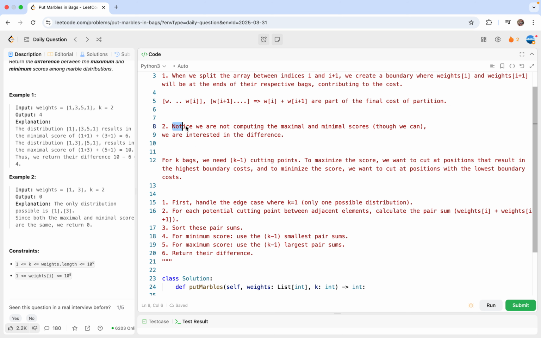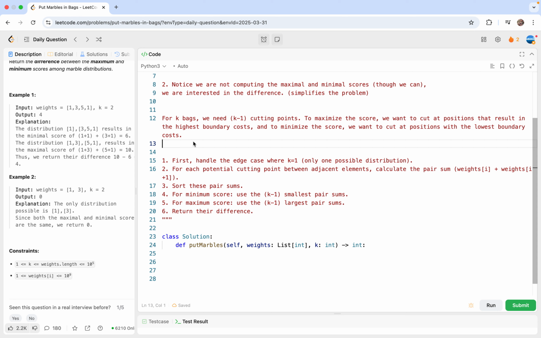The second part is that you need to notice that we're not computing the maximum or minimum scores explicitly, though we can, right? We are interested in the difference. So this actually simplifies the problem. So with that said, for k bags, we want to partition the original list into k sublists.